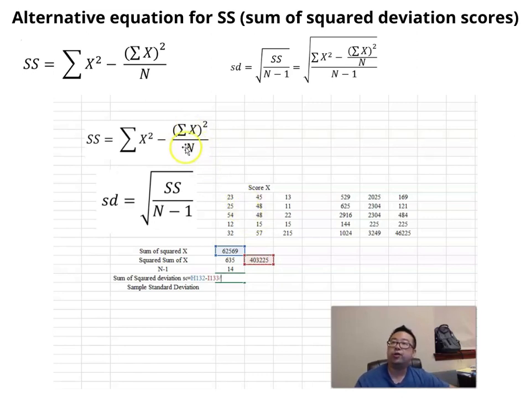Make sure that you are using n instead of n minus 1 here. So there are 15 cases. Okay, and then the sample standard deviation is SQRT of this one, the sum of squares divided by n minus 1, and close the bracket. Okay, so we can see the standard deviation is 50.